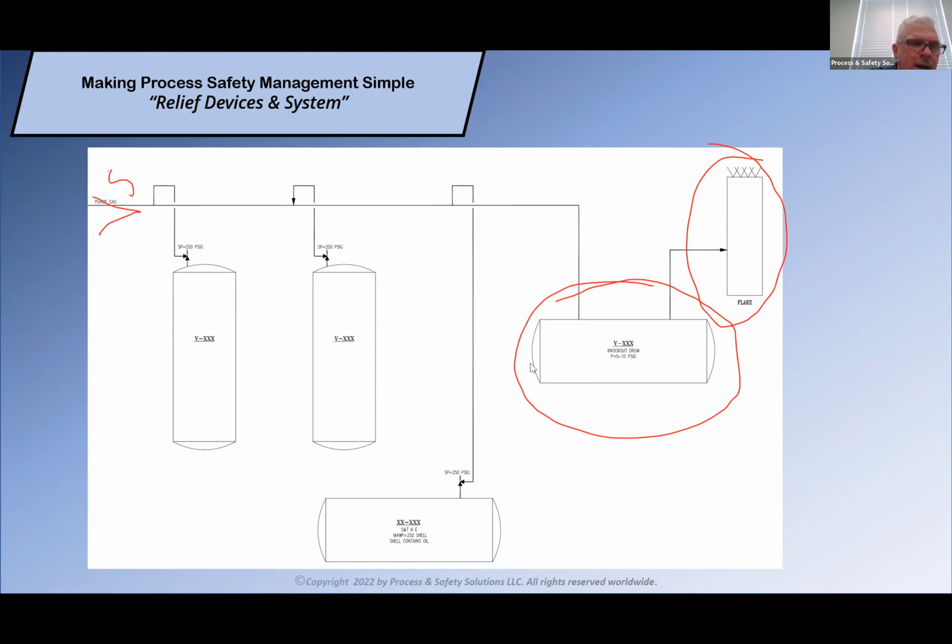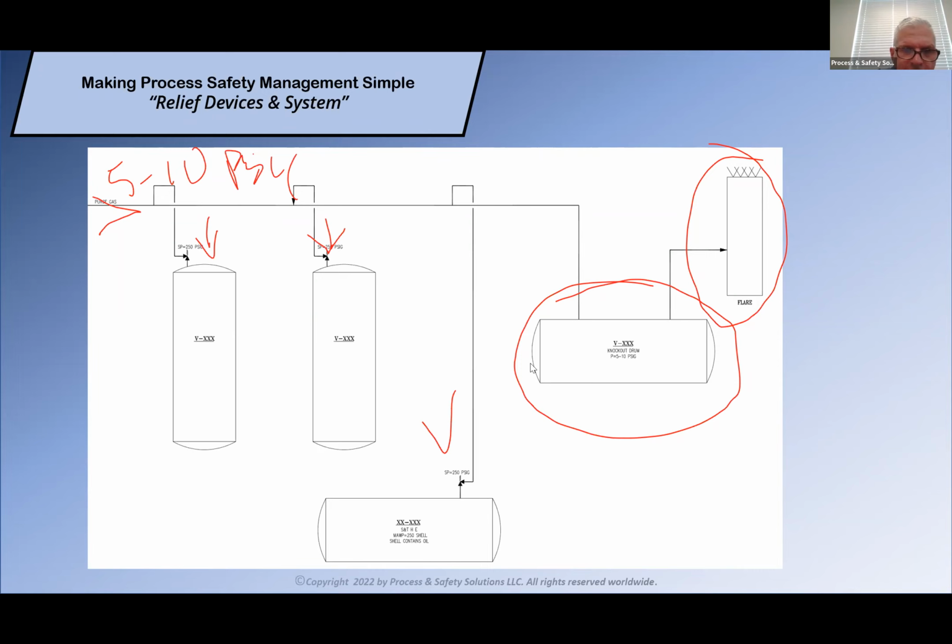Typically we see 5 to 10 PSIG in the purge gas. Essentially that purge is just a sweep of gas that goes through here, keeps the flare burning, et cetera, et cetera. It also keeps anything that's coming into that flare header swept out of there as well. So again, you have back pressure on each one of these valves.